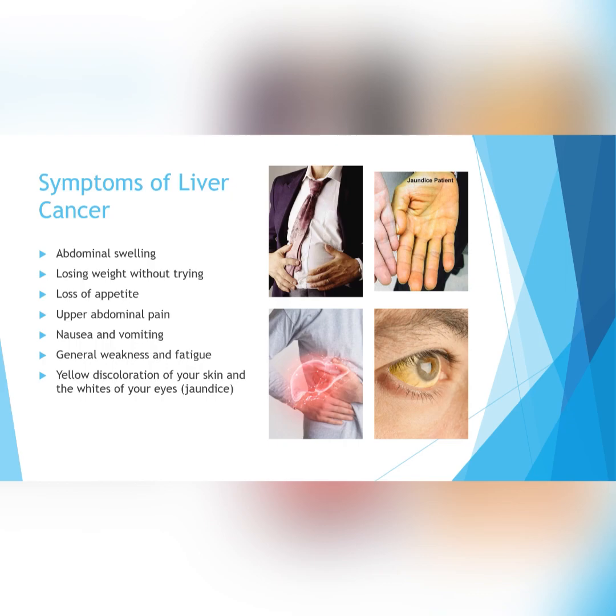As you can see in the right-hand side pictures, yellow hands and yellow eyes indicate jaundice, which means yellow discoloration of your skin and the whites of your eyes.